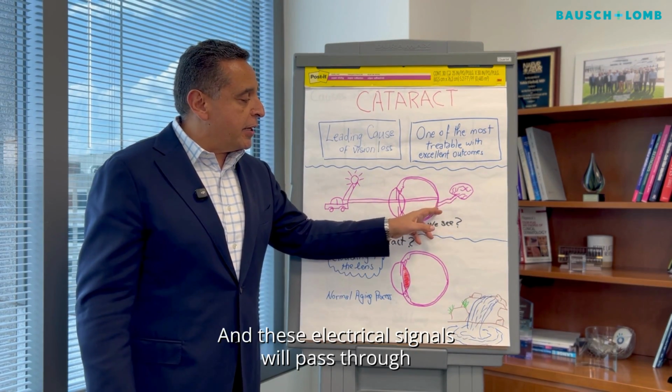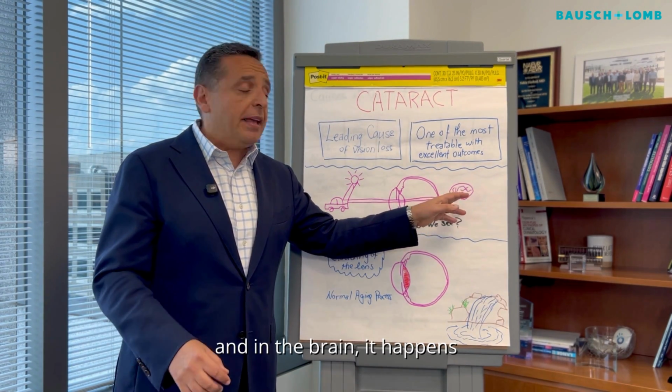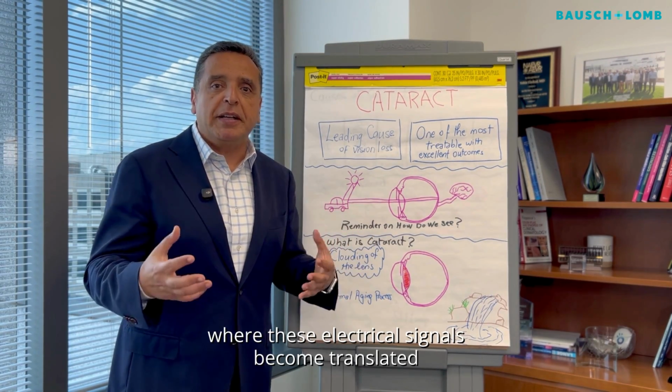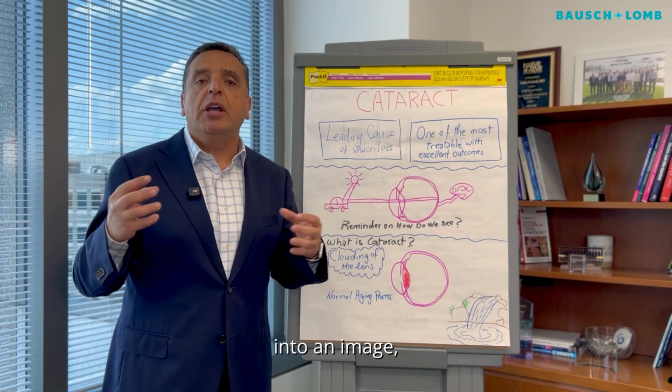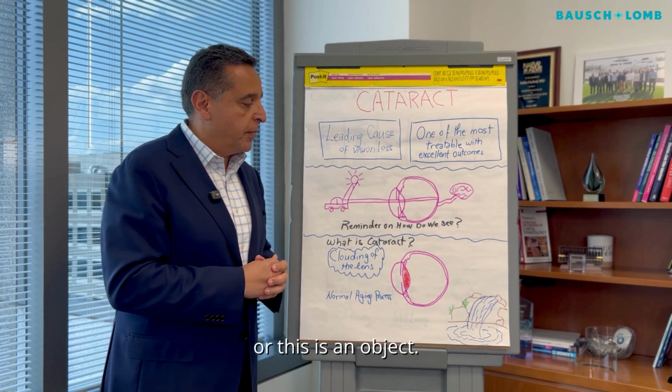These electrical signals pass through the optic nerve to the brain. In the brain, we comprehend the picture, where these signals are translated into an image, and we know, oh, it's a car coming, or this is a tree.